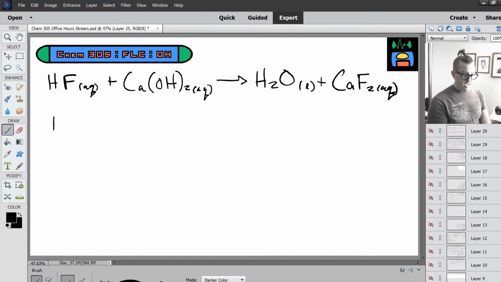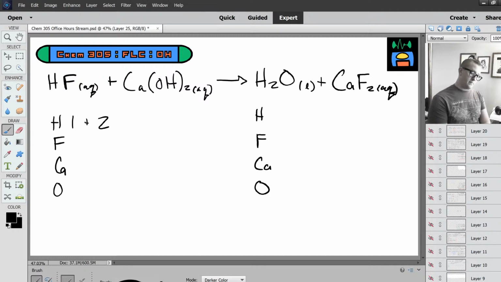So we have hydrogen, fluorine, calcium, and oxygen in this reaction. Sorry, calcium, not carbon. We have one hydrogen coming from HF on the reactant side and two hydrogens coming from calcium hydroxide, one fluorine, one calcium, and two oxygens on the reactant side.